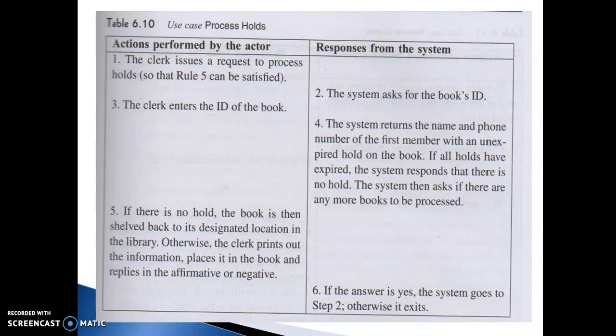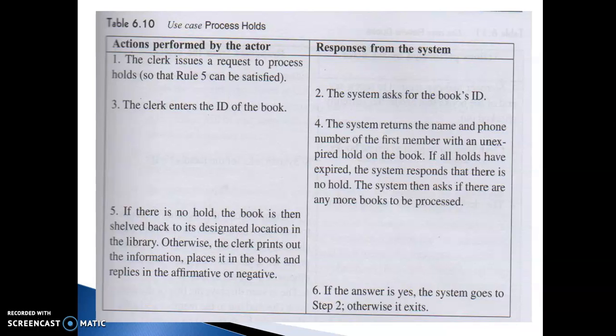The system returns the name and phone number of the first member with an unexpired hold on the book. If all holds have expired, the system responds that there is no hold. The system then asks if there are any more books to be processed. What is this?